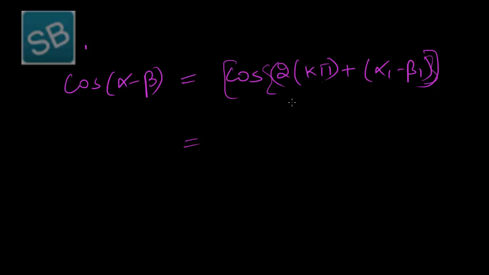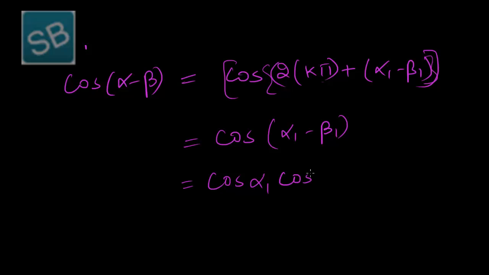So it again becomes 2 pi plus theta, so it becomes cos of alpha 1 minus beta 1. So open this, as alpha 1 and beta 1 belong to 0 to 2 pi, so this is cos alpha 1 cos beta 1 plus sin alpha 1 sin beta 1.